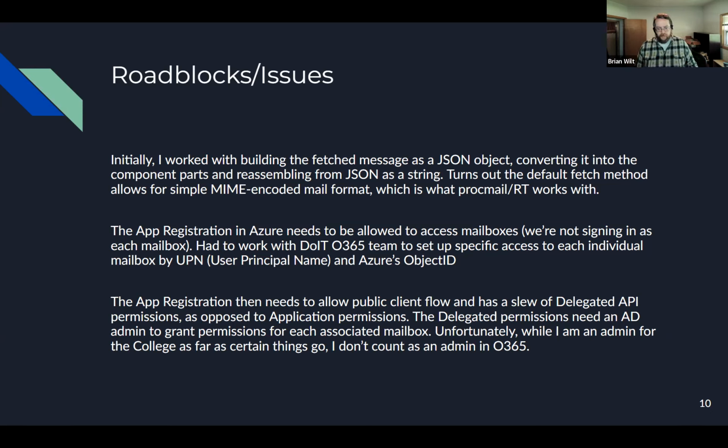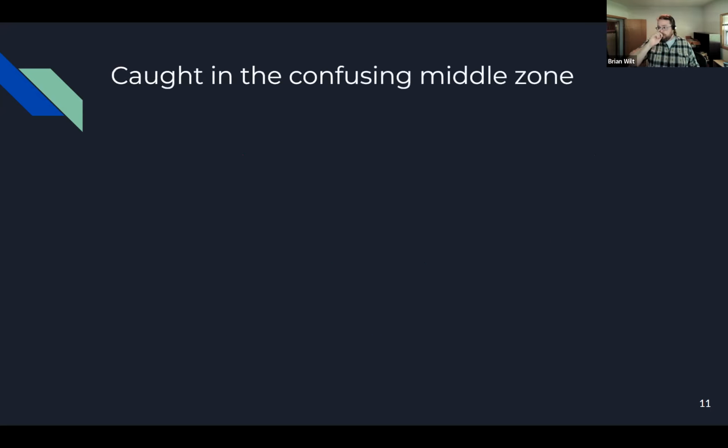Ultimately, I believe some PowerShell commands were operated against the campus AD. And we also have, I hesitate to call it a group, but I believe it's a group of AD object UUIDs that this app registration for the request tracker is allowed to access those mailboxes. And so that's how the connection is made.